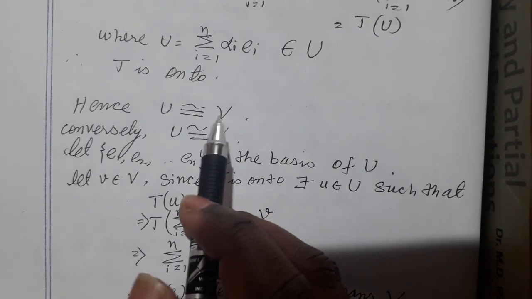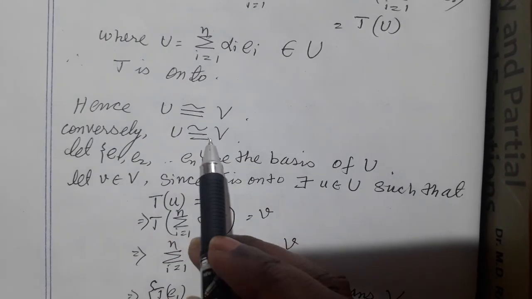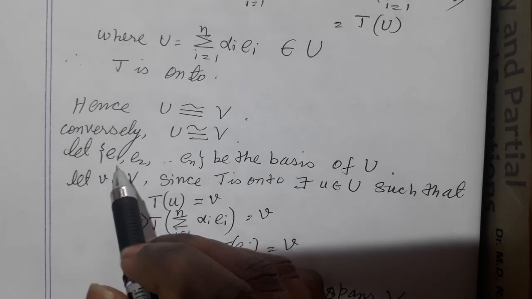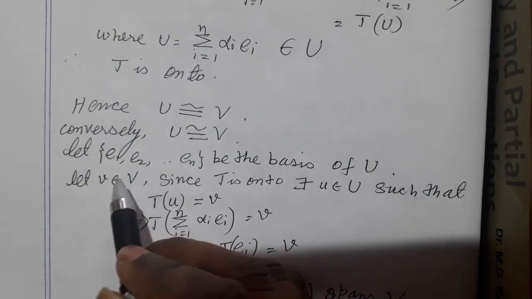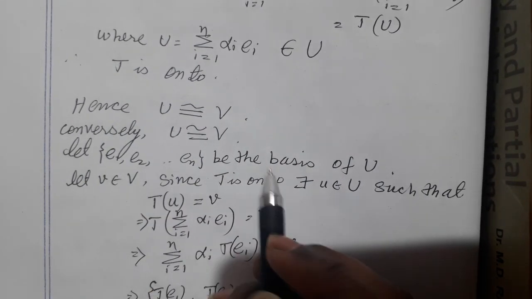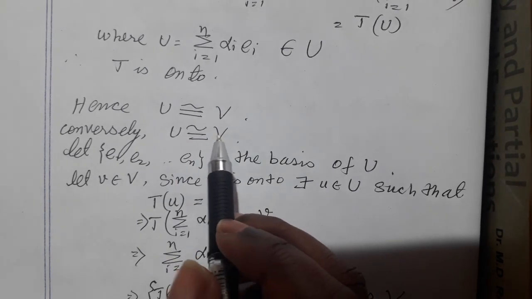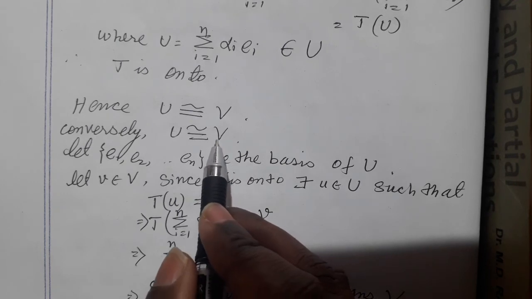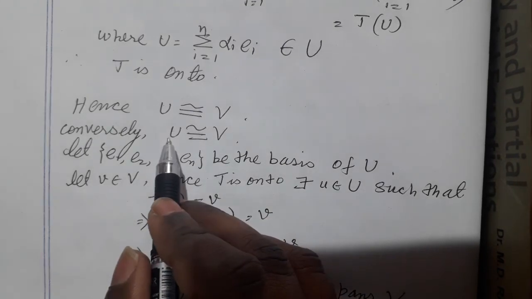Now we try to prove, using this condition, that if they are isomorphic, they have the same dimension. So I take the basis of U to be this, and I take one element v in V. Since T is isomorphic, it is one-one and onto. Since T is onto and I took an element here, there should be an element here also.